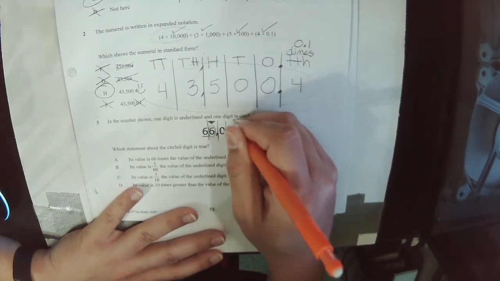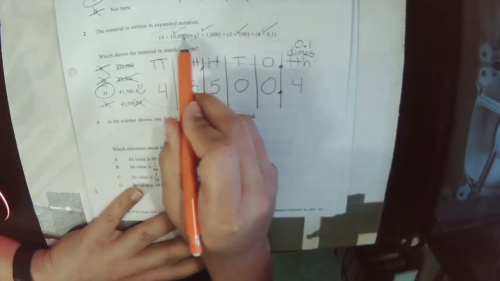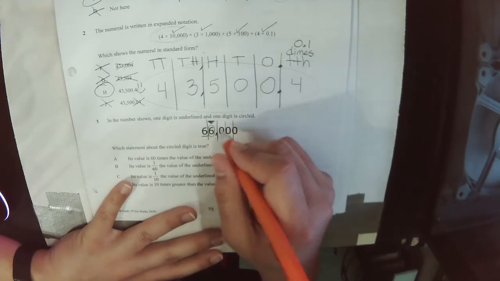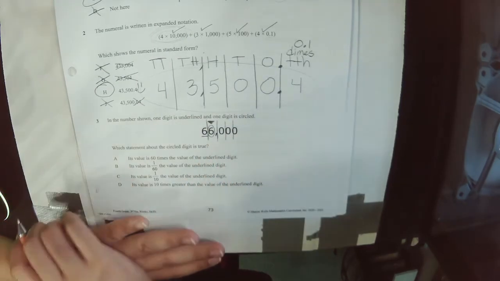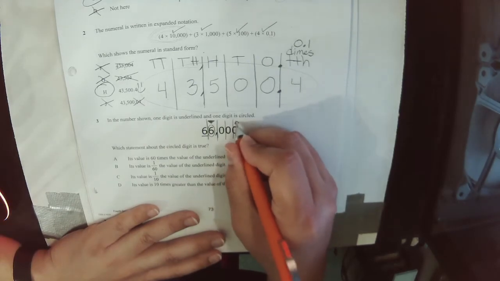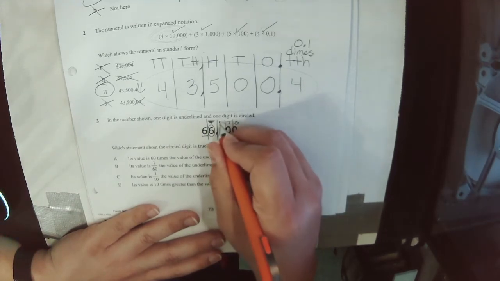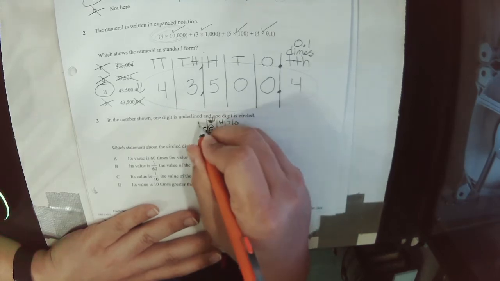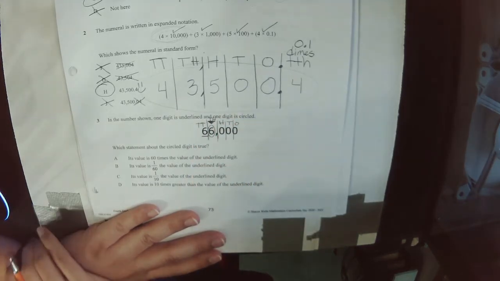If they gave it to me in small numbers, like these ones, I'd want to draw my own. That way I have enough space. But if it's larger like these ones, I can go ahead and use them. We have our ones place, our tens place, our hundreds, our thousands, and our 10,000.